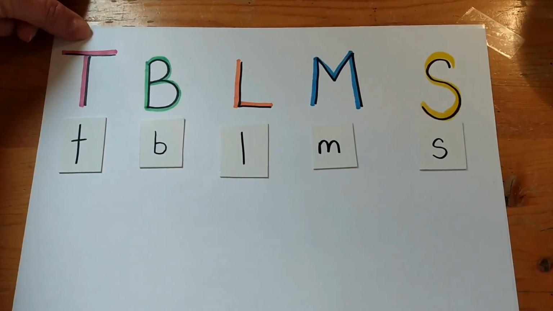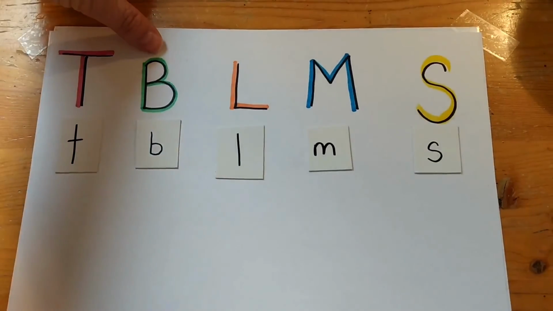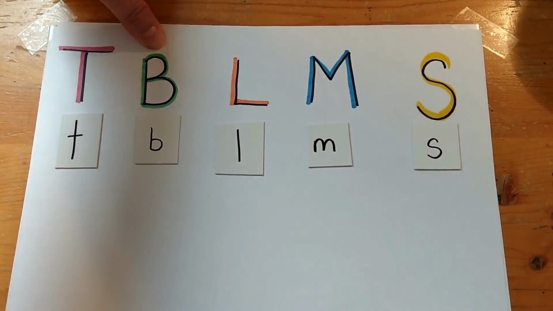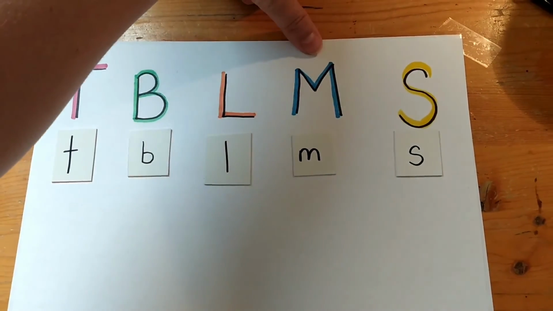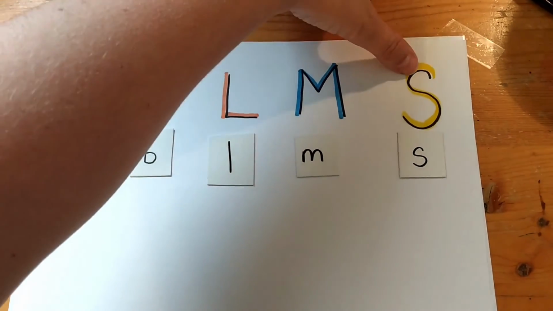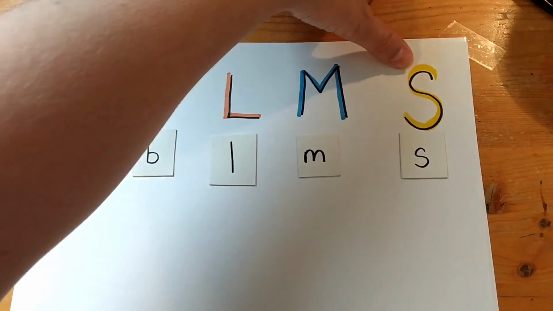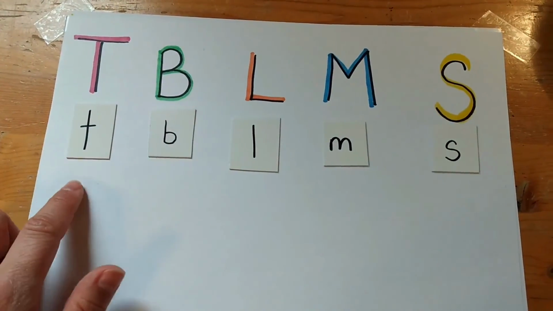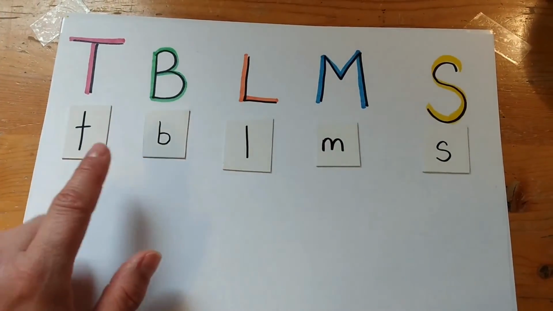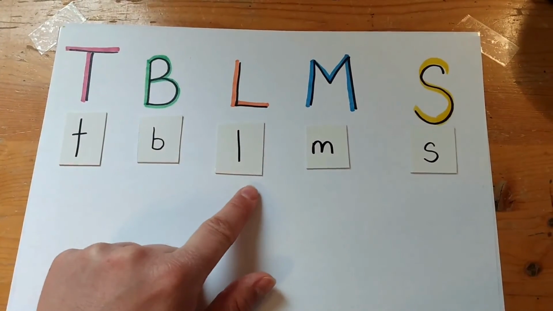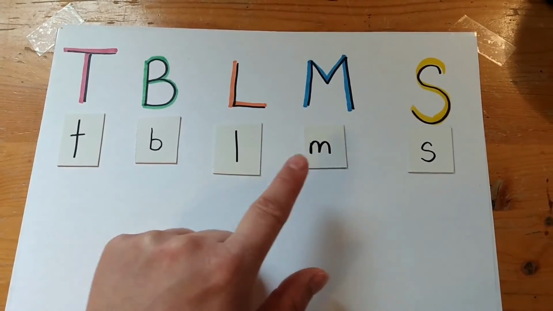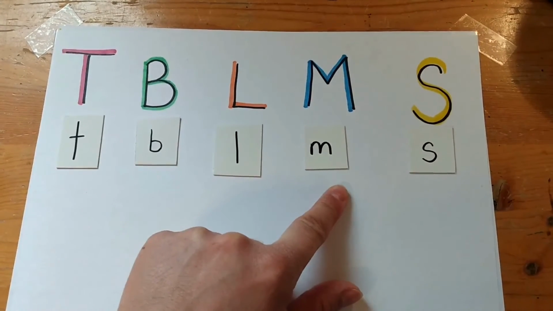This is an uppercase T. This is an uppercase B. This is an uppercase L. This is an uppercase M. And this is an uppercase S. This is a lowercase t. This is a lowercase b. This is a lowercase l. This is a lowercase m.